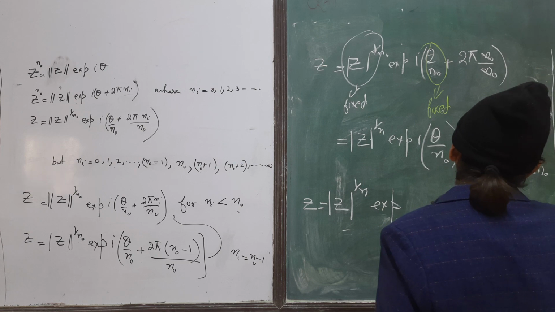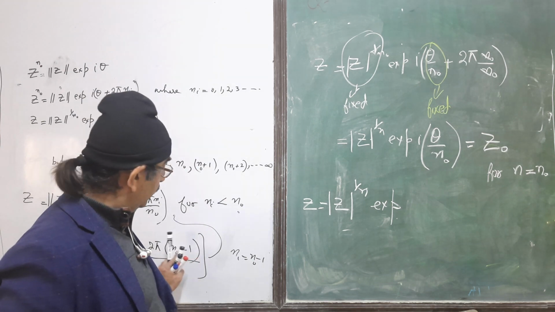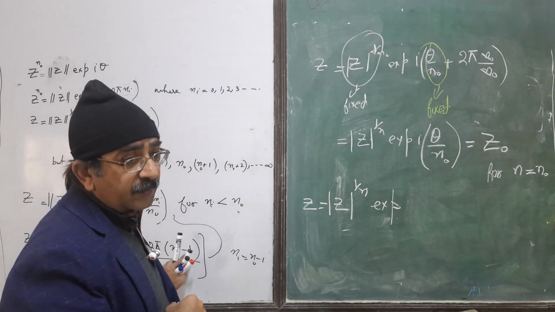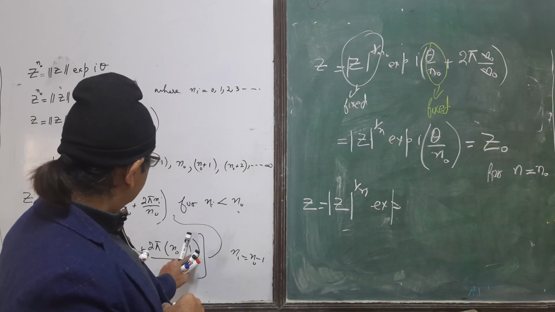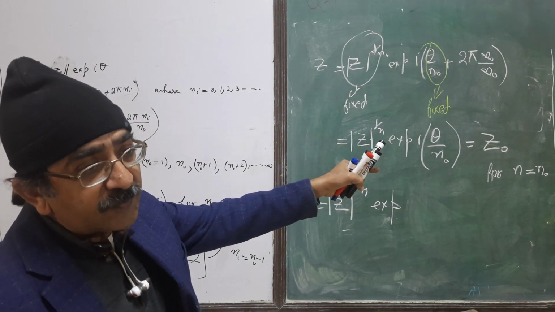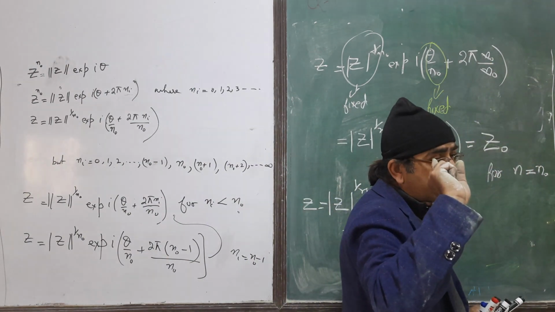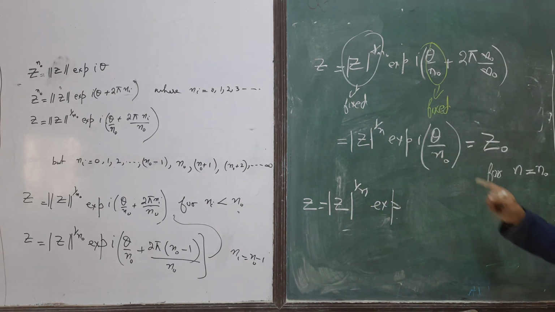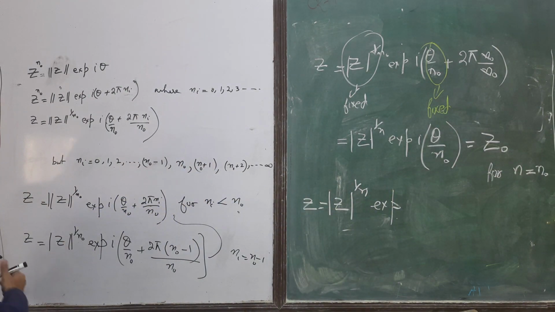Please be silent. If n naught, if this will be increasing. If ni is equal to n naught, then n naught will be cancelled with the n naught. This will become 2 pi, and this will give you the z naught, the zeroth root.